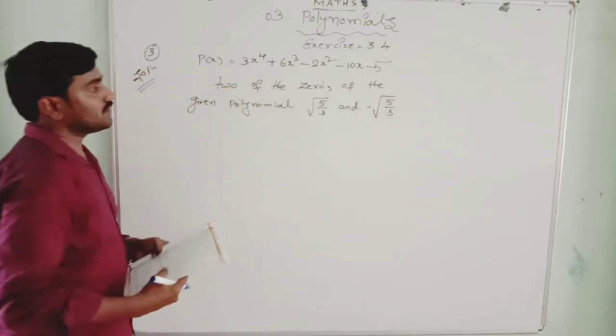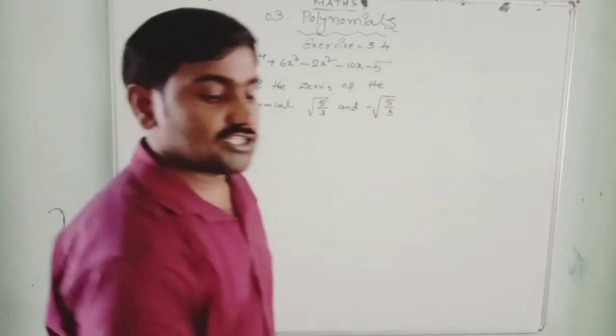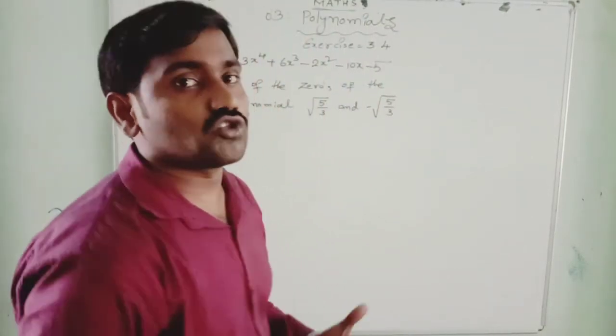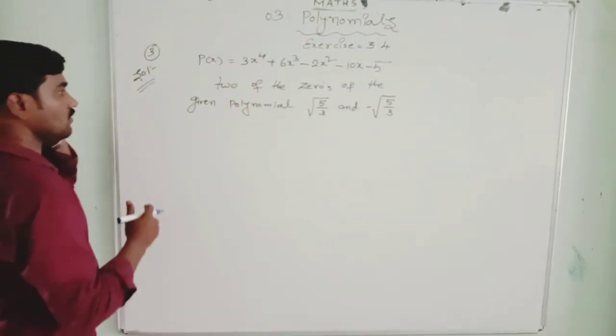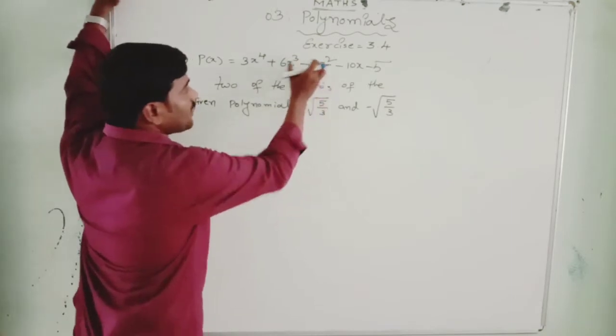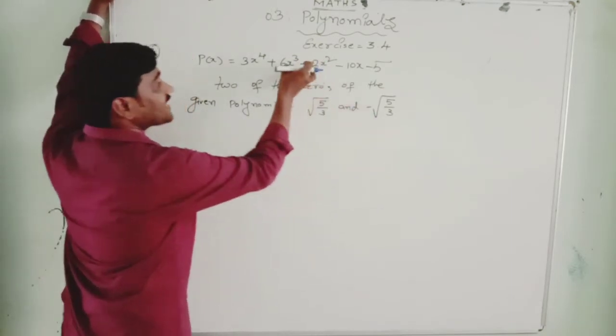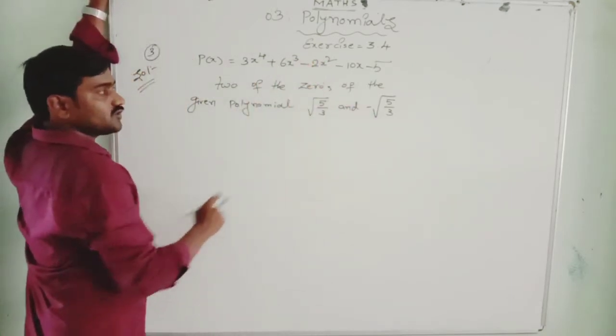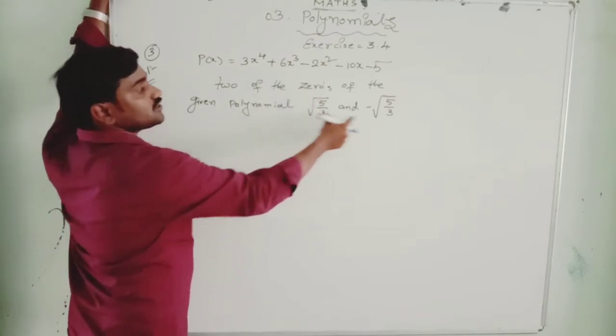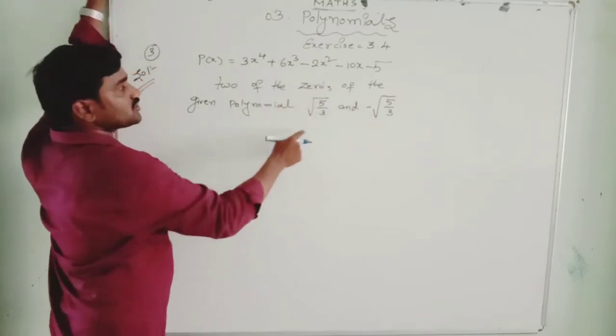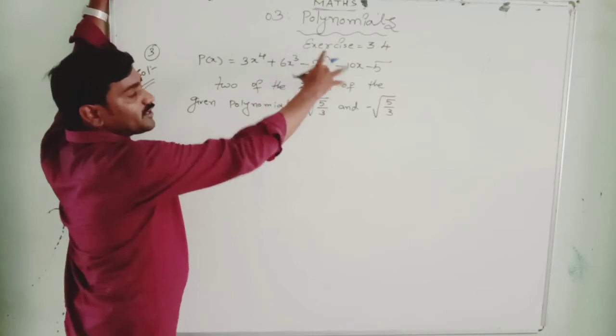So now see, these 2 zeros are given, the remaining 2 zeros we need to find. Very easy now. If these 2 are zeros of this polynomial, that means these 2 are factors of this polynomial. As you know, when you substitute this, you will get 0 of this polynomial.